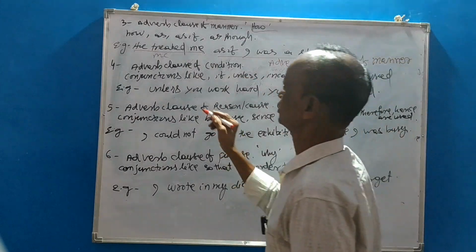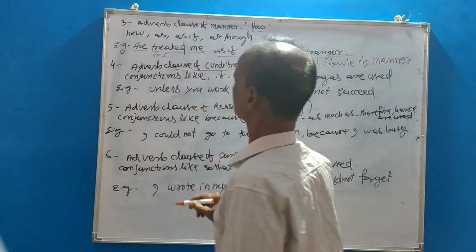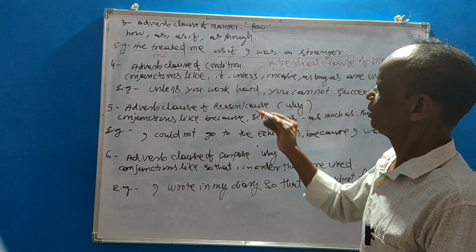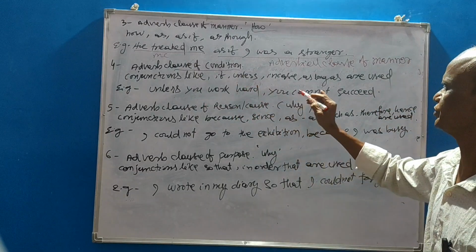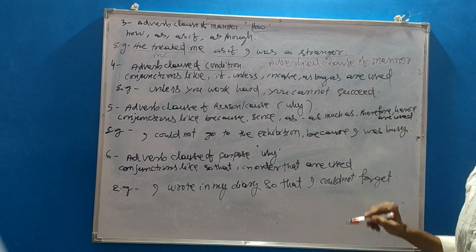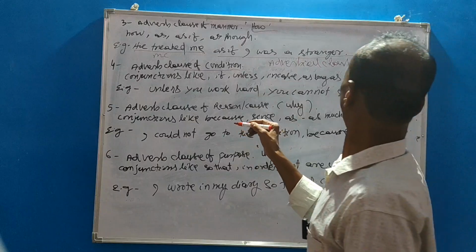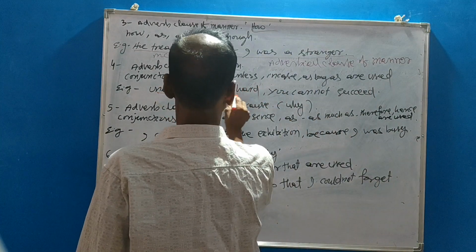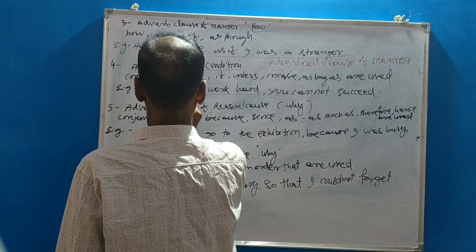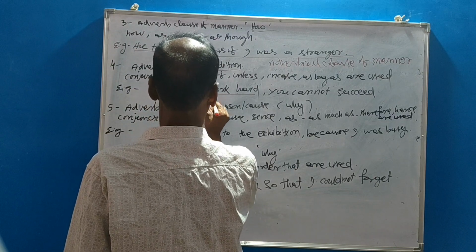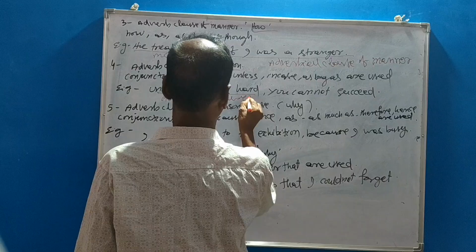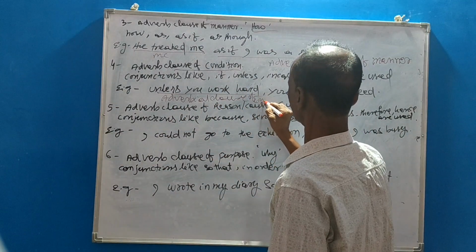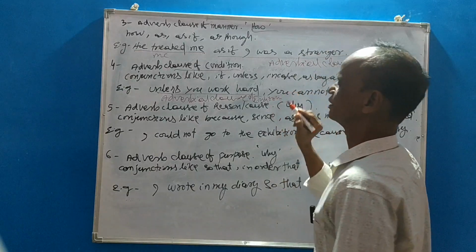Next. Adverb clause of condition. It relates to some conditions. Conjunctions like if, unless, in case, as long as are used. For example, unless you work hard is the clause of condition.